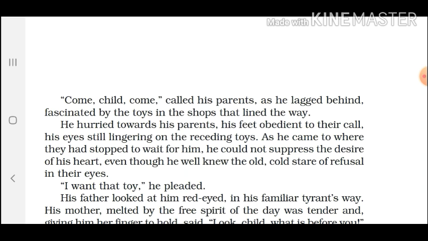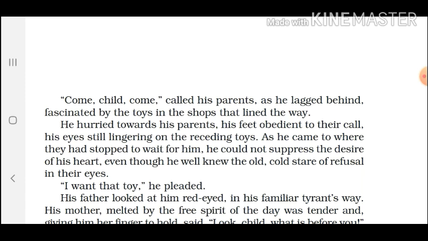So, here, when the parents called that boy, the boy ran towards his parents, and still his eyes were fixed on the toys that were displayed in the stalls and shops.